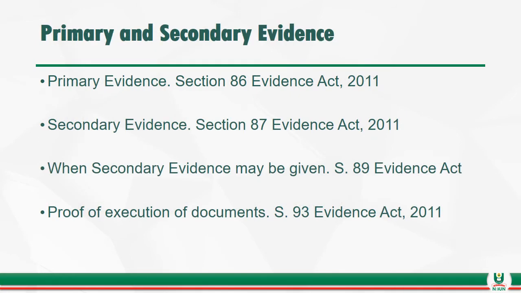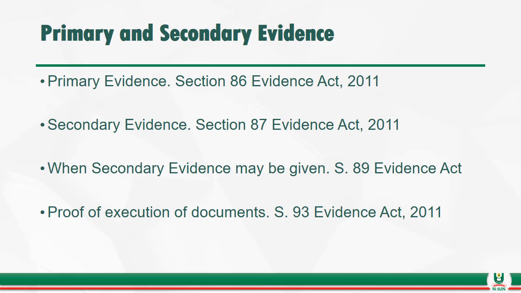Let's look at primary and secondary evidence. What is primary evidence? What is the meaning of primary evidence? For that purpose, we need to look at section 86 subsection 1 of the Evidence Act. It says primary evidence means the document itself produced for the inspection of the courts.